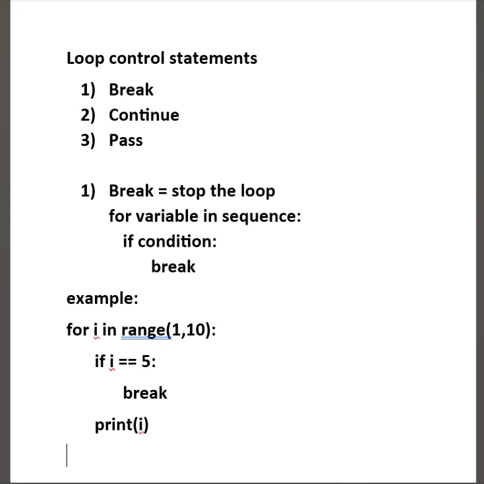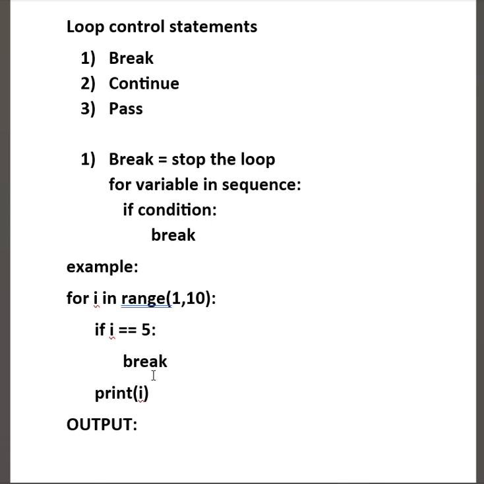What will be the output? It starts from 1. It will be checking 1 is equal to 5, no, then it will jump to the print statement.